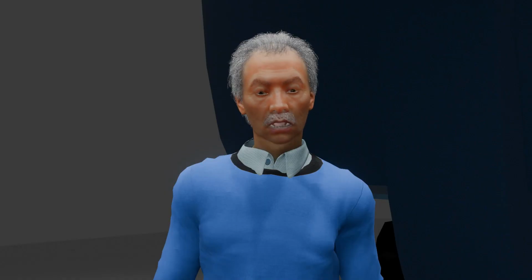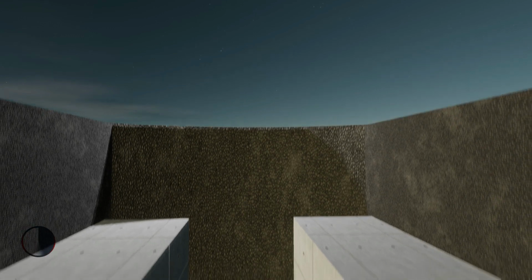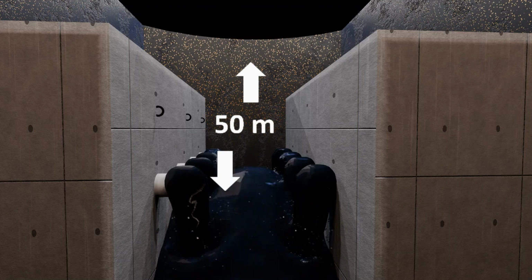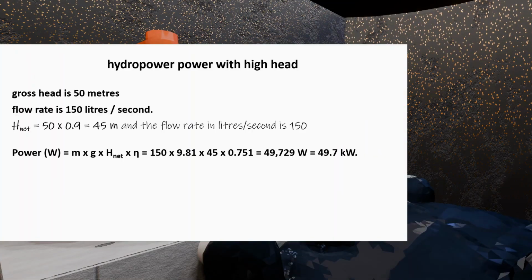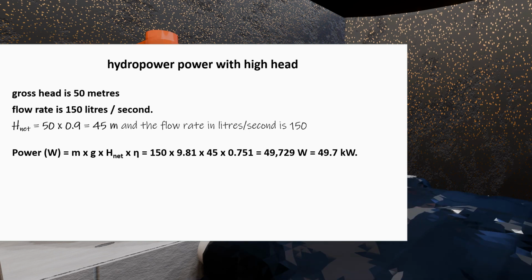Now, we can calculate another hydropower site with high head, where the gross head is 50 meters, and the maximum flow rate through the turbine is 150 liters per second. In this case, H net is equal to 50 multiplied by 0.9, which equals 45 meters, and the flow rate in liters per second is 150.